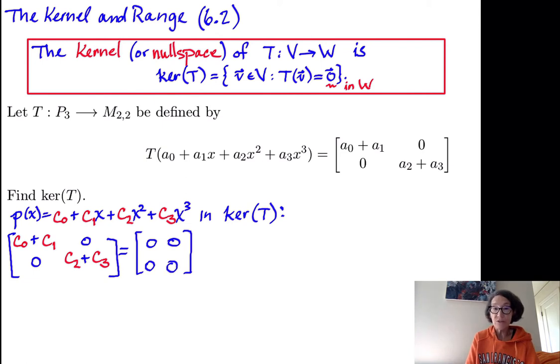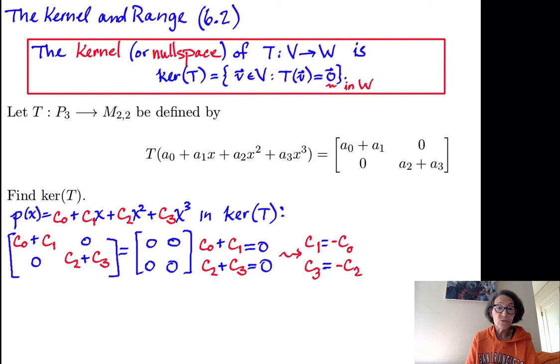That's the zero vector in M22. And that means that c0 plus c1 is 0 and c2 plus c3 is 0. So we get the two equations, c1 equals negative c0 and c3 equals negative c2.